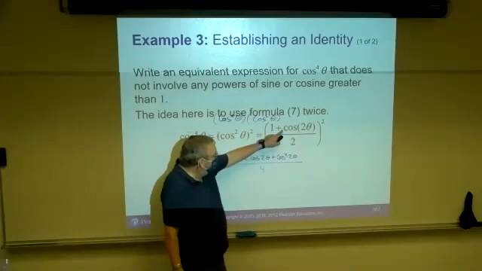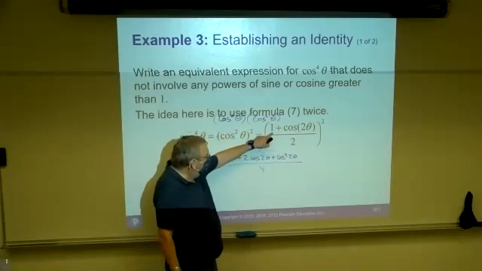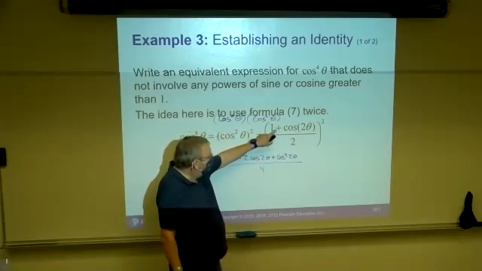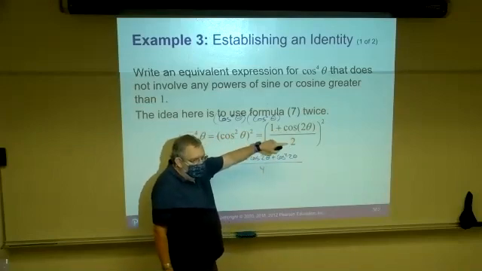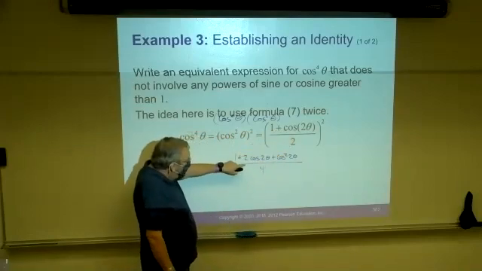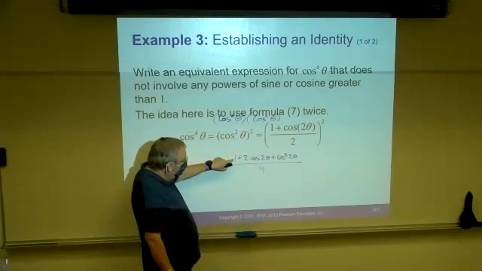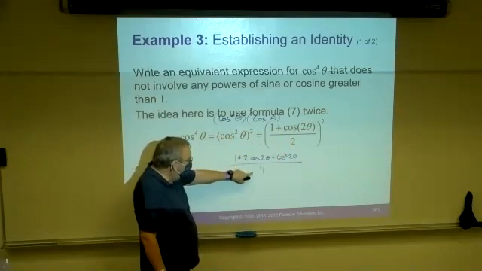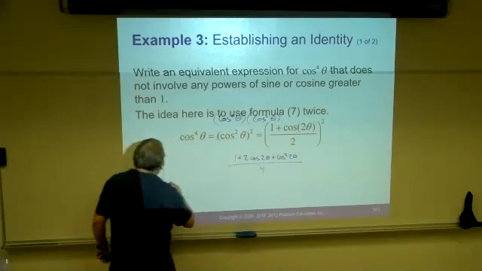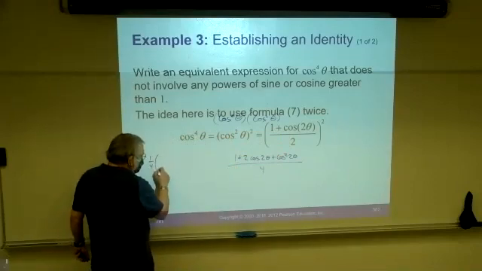I'm going to square the numerator, so that's the binomial 1 plus cosine 2 theta times 1 plus cosine 2 theta, which gives us this. And squaring the denominator, that's why they pulled 1/4 out in the front.